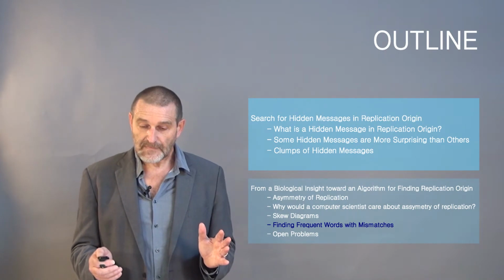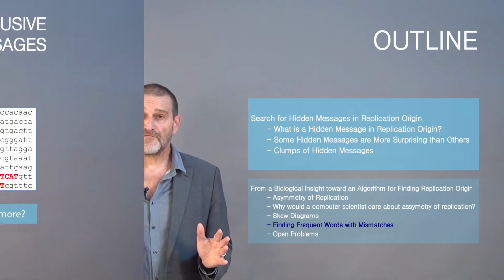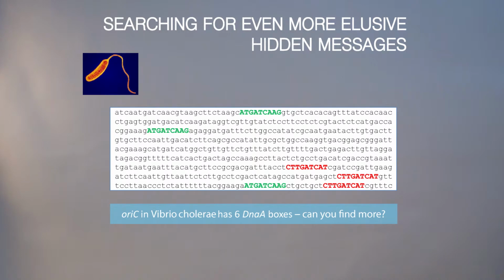When we were looking for frequent words, our view of frequent words was very naive. We assumed that frequent words are simply k-mers. But maybe hidden messages that the cell uses to initiate replication are more elusive, more subtle. Let's look at this origin of replication in Vibrio cholerae and try to see.